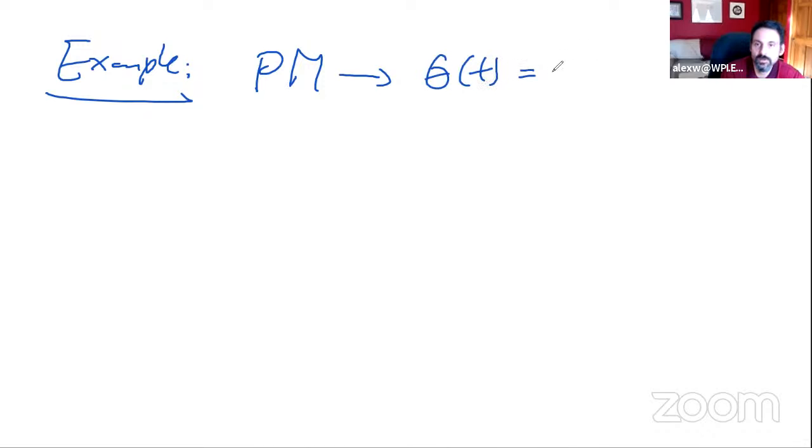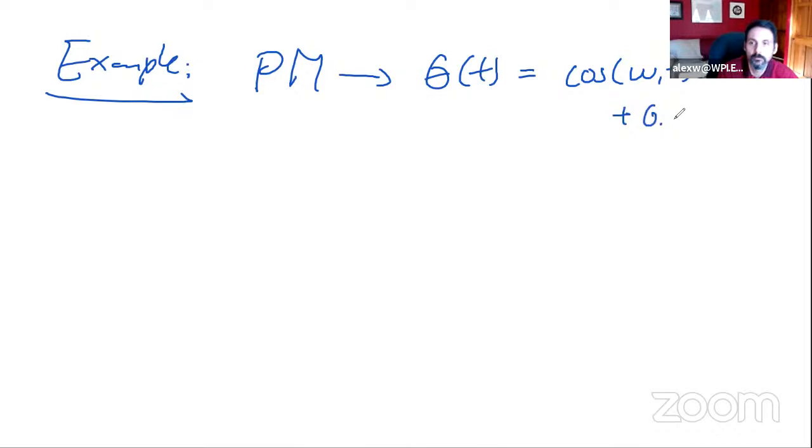Suppose the phase modulation consists of something really weird, like two sinusoids: a cosine omega 1 t, and then a sine omega 2 t.